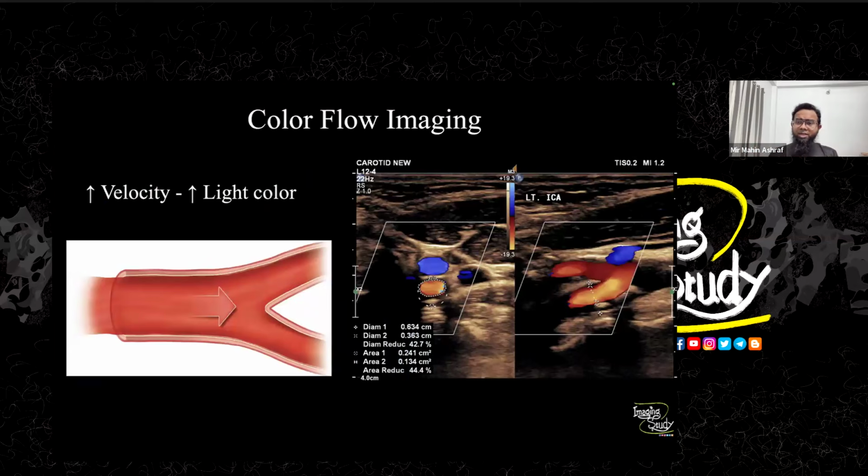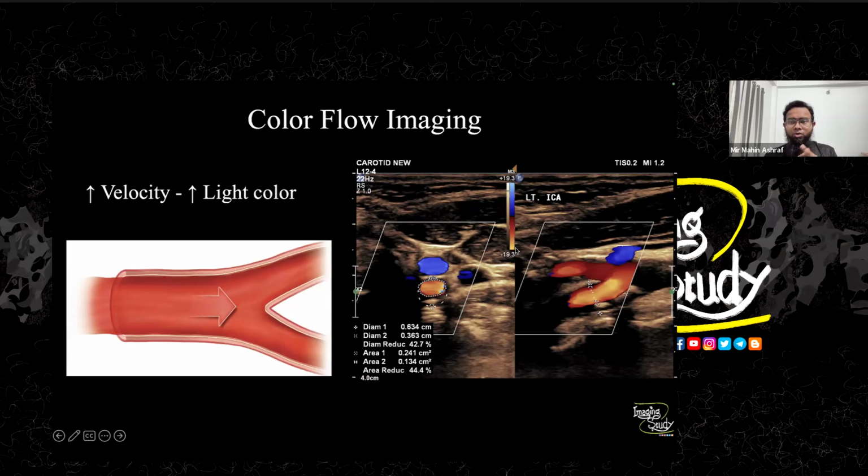When we are talking about color flow imaging, you have to understand that there are not only two colors. We are not using only red and blue. We have many other colors. If you look at this scale, you can see from dark blue to light blue, and sometimes even a greenish pattern, and from dark red to a yellowish pattern.